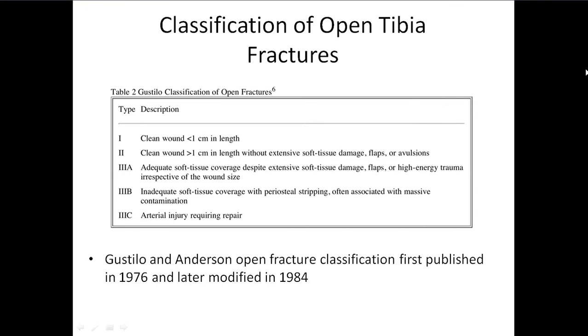And grade 3C is the same as grade 3B, but there is an arterial injury which requires immediate repair. That is grade 3C. The Gustilo-Anderson open fracture classification was first published in 1976 and later modified in 1984.